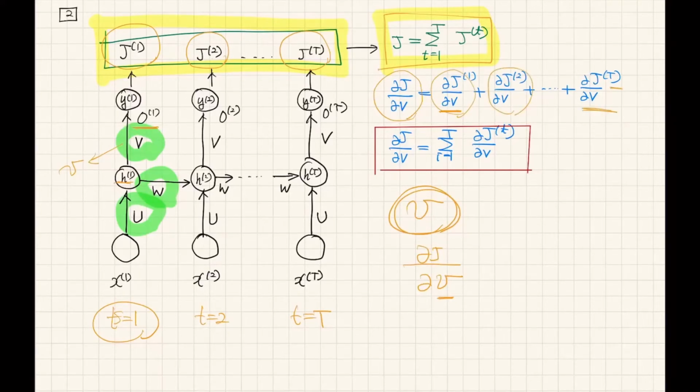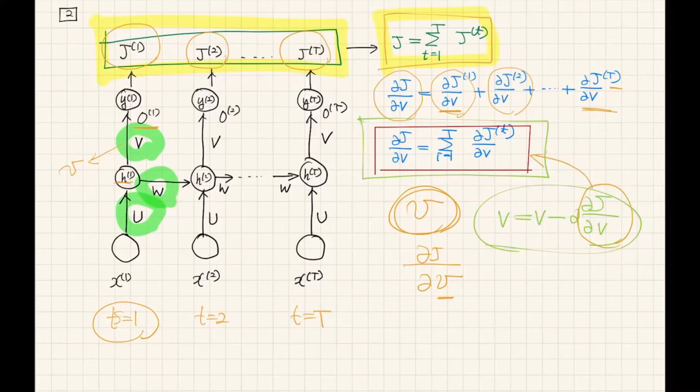So this is the final expression of the total cost function and its derivative. As you remember, if you want to update V, it should be updated by this equation. This total gradient of the cost function with respect to V can be obtained from this.